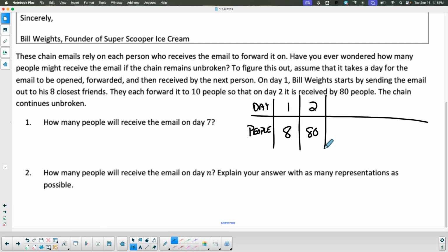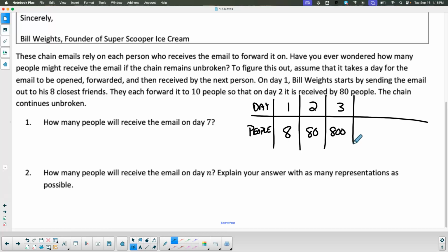800, right? Okay. Do we see the pattern developing? Yes? Okay. What is our recursive formula? Meaning, how do we find the next term? So we're multiplying each time by 10, right?